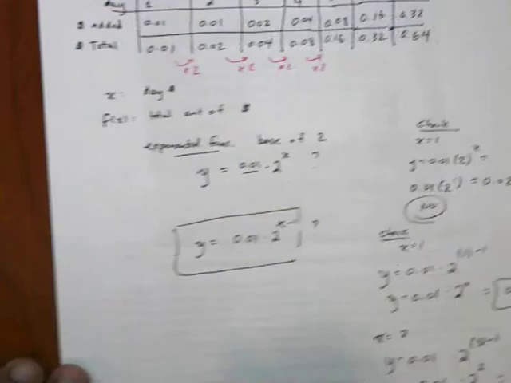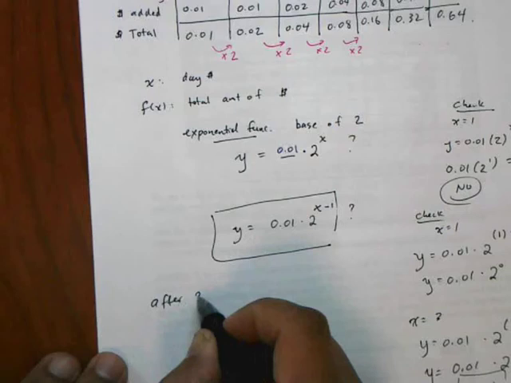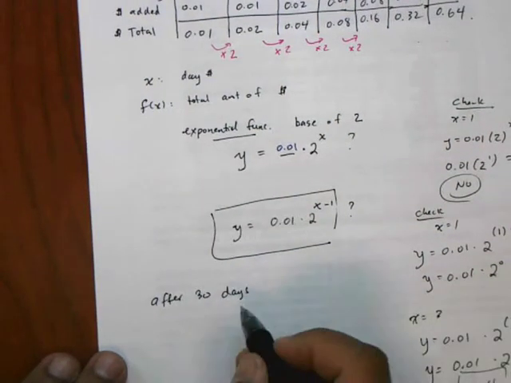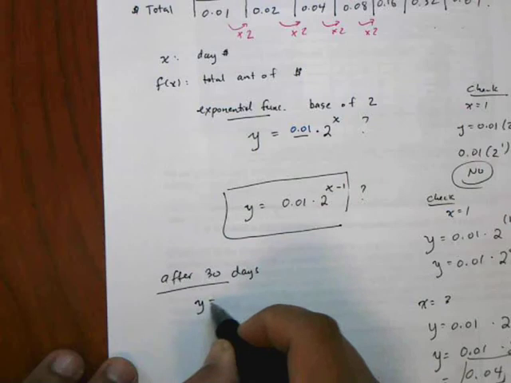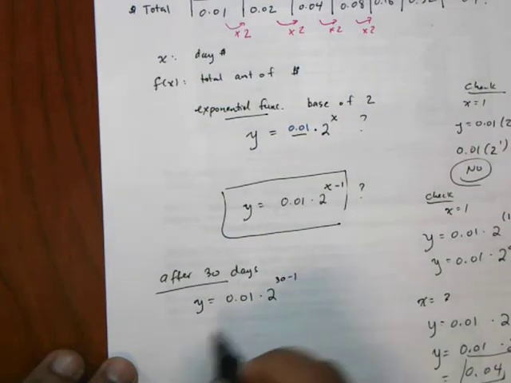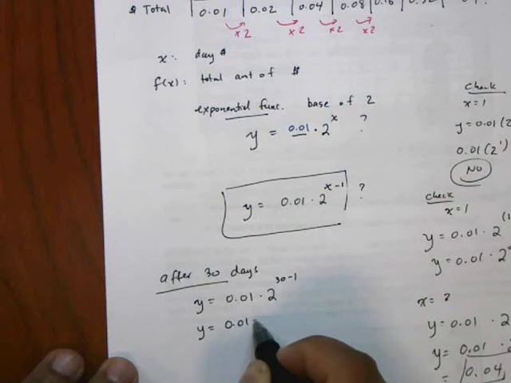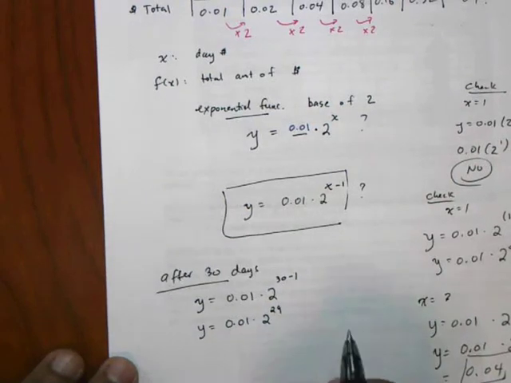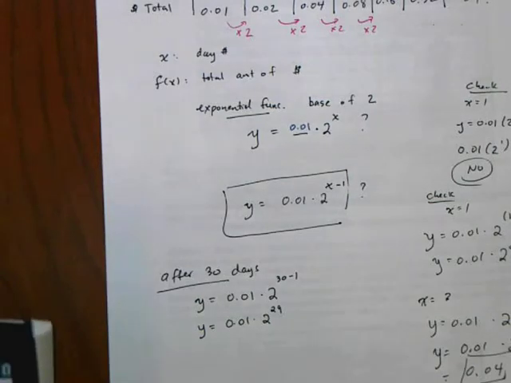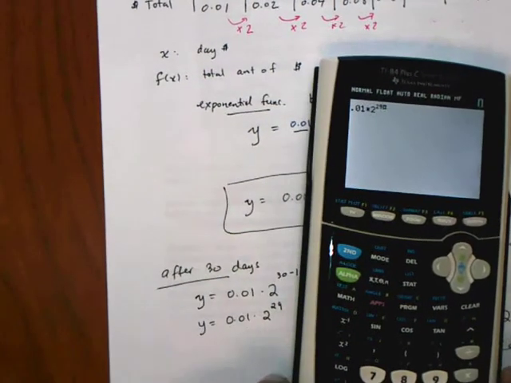Okay? So after 30 days, or on the 30th day, the total amount of money that you have is y equals 0.01 times 2 to the 30th minus 1, which is 0.01 times 2 to the 29th power. And I don't really know this off the top of my head, so I'm going to use a calculator. 0.01 times 2 to the 29th power.